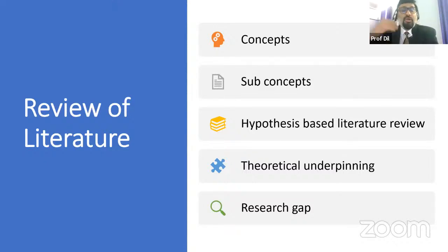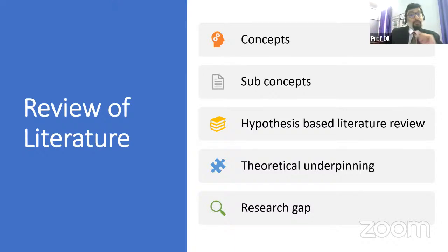These are all sub-concepts of entrepreneurial orientation, and you can write them down with authors from recent literature, 2022, 2021. Then there is hypothesis-based literature. Some people post the hypothesis first, but you should write the literature and then post the hypothesis.